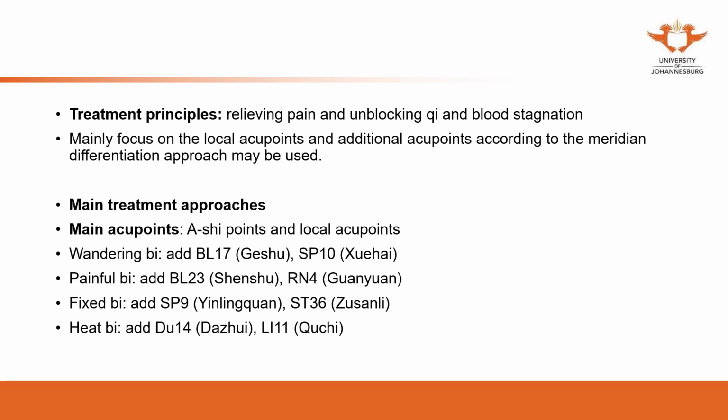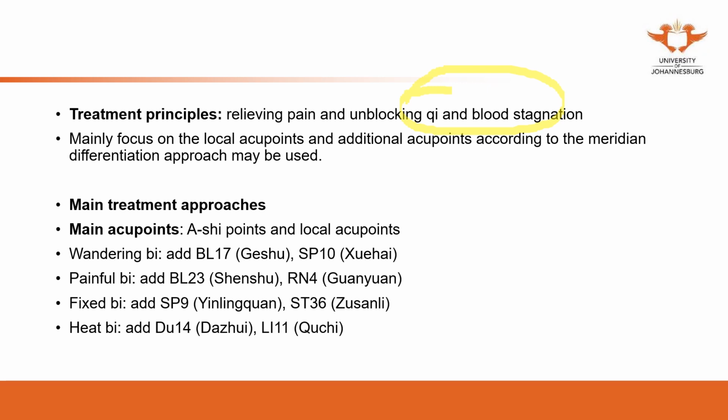No matter what type of bi pain syndrome, we're going to focus on relieving the pain because the patient feels pain. So you have to relieve the pain if you can. You also need to unblock the qi and blood circulation. Because these are the pathogenesis of the condition, we'll focus on the obstruction of qi and blood.